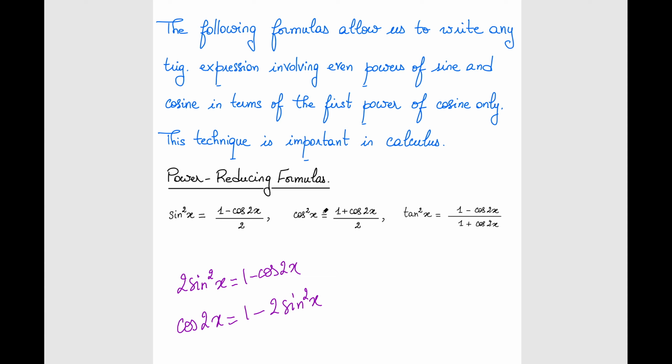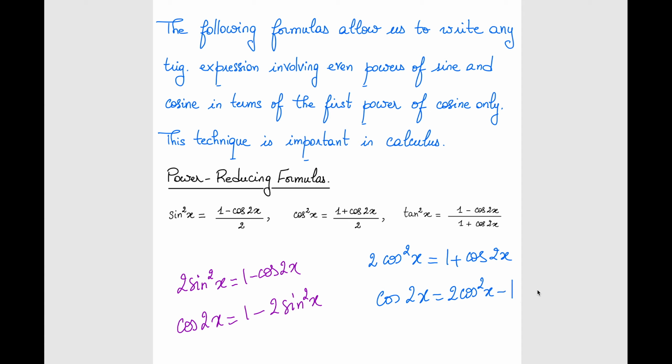This is coming from, well, this is the same thing as saying 2 cosine squared x equals 1 plus cosine of 2x. Correct? If you multiply both sides here by 2, you get this. And isn't that the same as cosine of 2x equals, if you subtract both sides by 1, 2 cosine squared x minus 1?